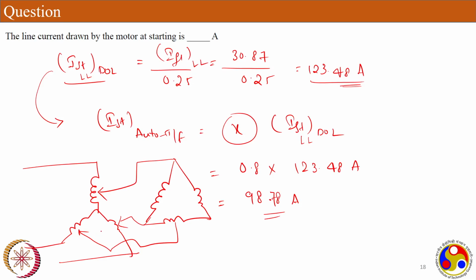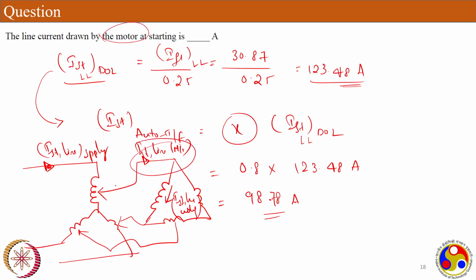This particular thing is IST line supply. Now this particular current, whatever it is having, this is IST line machine. Now whatever this is, IST line winding. Now whatever was asked, it is drawn by the motor. So this IST line drawn by the motor is what is asked in the question.